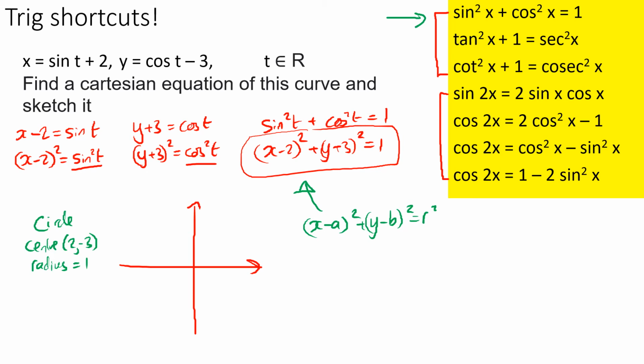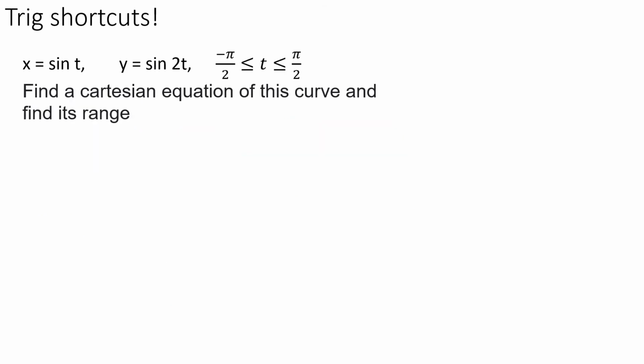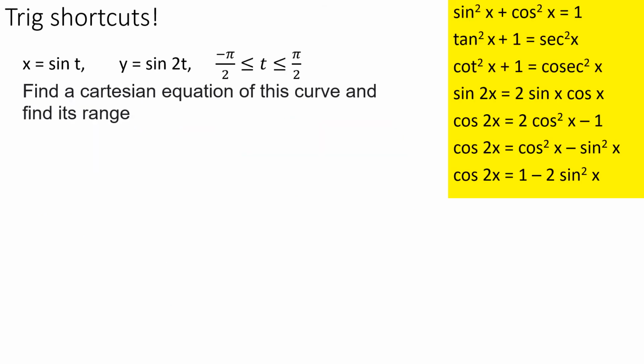So sketching it, (2, -3), maybe we'll put that over here. Radius is 1, so it's not going to reach either of the axes. It's going to be a little circle based at that point.